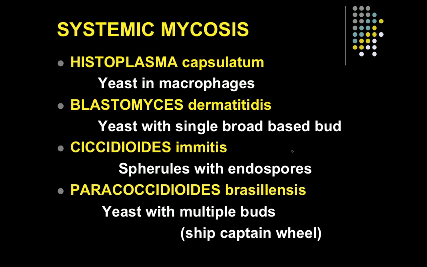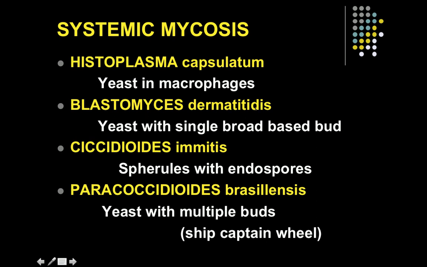Coming to the different systemic mycosis causing organisms, the most important is Histoplasma capsulatum. This is the fungus which is present within the macrophages in the form of yeast. So they are the only intracellular yeast cells causing human infection.